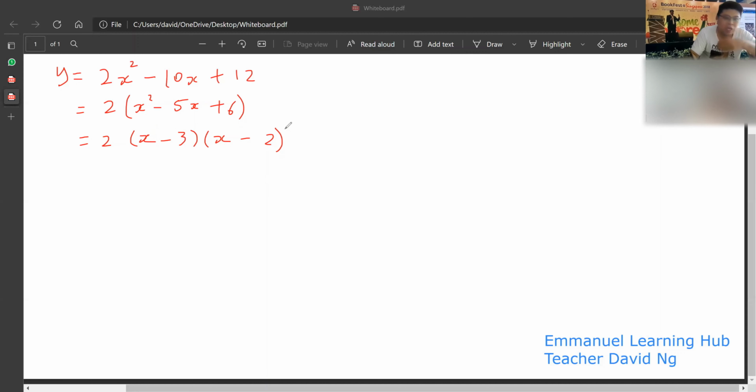They ask you to factorize. Then after that, state the coordinates of the turning point of the graph. So how am I going to state the coordinates of the turning point? To state the coordinates of the turning point, you have to complete the square.